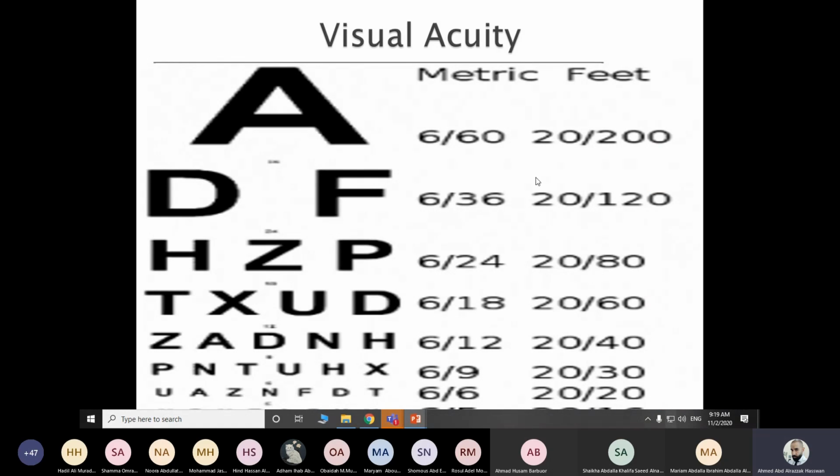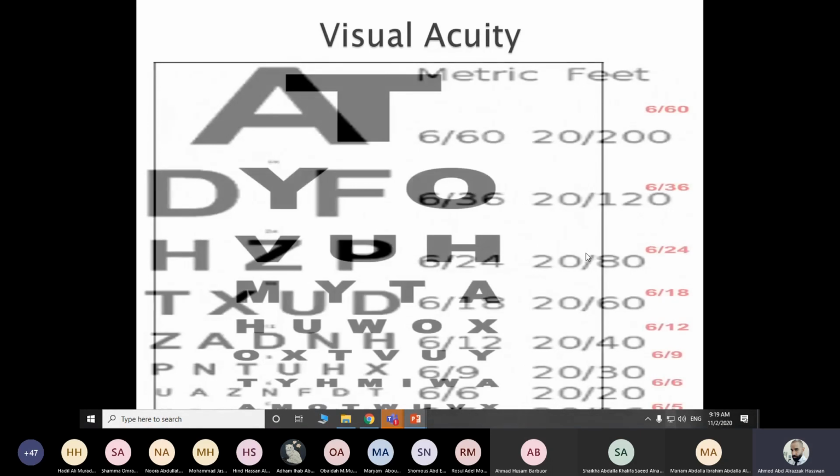So if you were asked about the metric or the feet system, it would be exactly the same idea, just like we did right now. Of course, we use the metric system here, but if somebody tells you that your eye vision is 20/20, you know what it means. It's the same thing, but in feet.